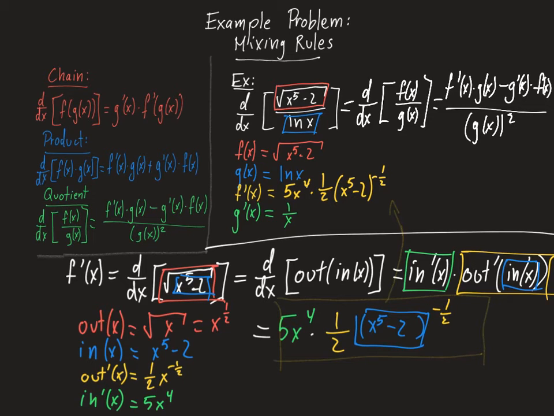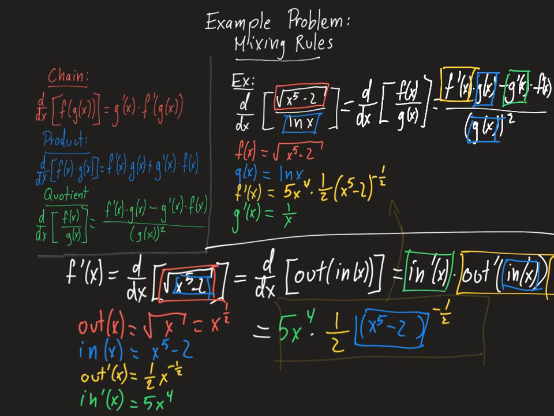All right, once again, let's color code these so that we know where everything goes, and then all we have to do is plug in. We see that f prime of x at the start is what I have in yellow. G of x shows up in two spots, and that's what's in blue. G prime of x up here is what we have in green.